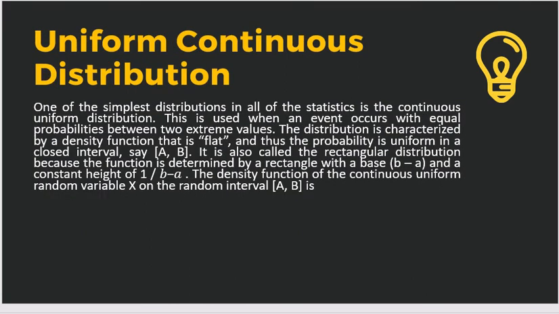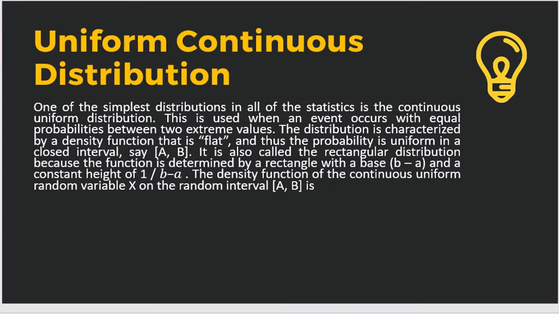The continuous uniform distribution is one of the simplest distributions in all of statistics. It is used when an event occurs with equal probabilities between two extreme values. The distribution is characterized by a density function that is flat, and thus the probability is uniform in the closed interval a to b.